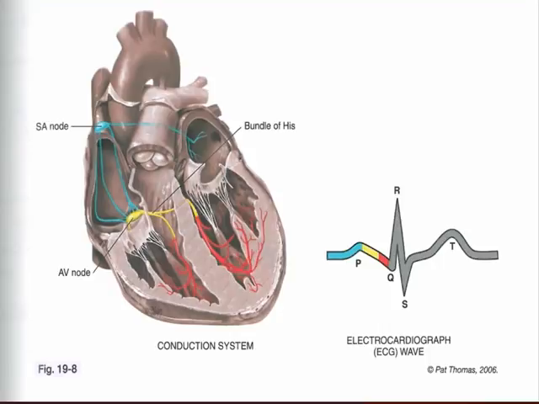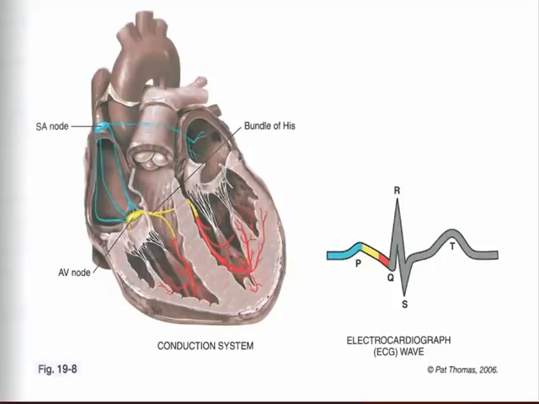If the impulses are coming too fast, then the AV node selectively allows only some of those impulses to be conducted, and this is how it gets the name the gatekeeper. If the impulses are too slow, then the AV node can generate the impulses at its own intrinsic rate, as I mentioned, somewhere between 40 and 60 beats per minute.